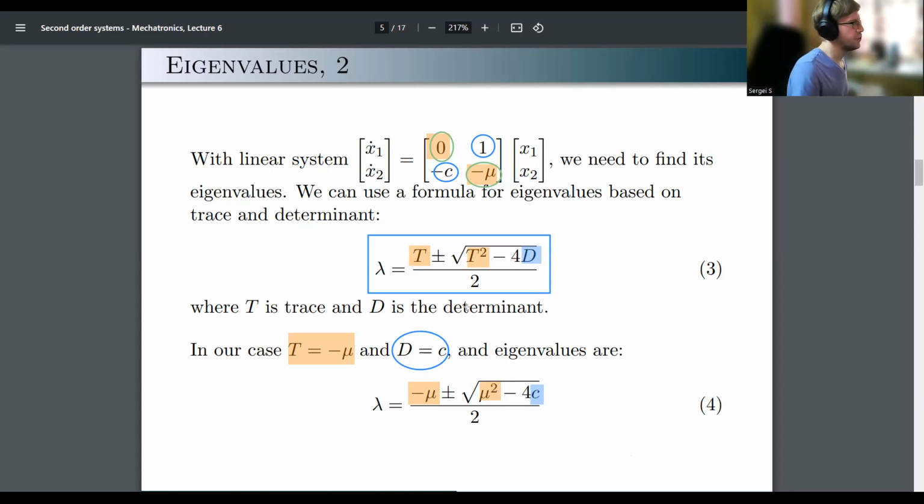So somehow eigenvalues of our system depend on the viscosity. Remember, viscosity divided by mass. So it is always normalized by mass. There's a minus sign, plus or minus this entity, which has a viscosity squared minus 4c.